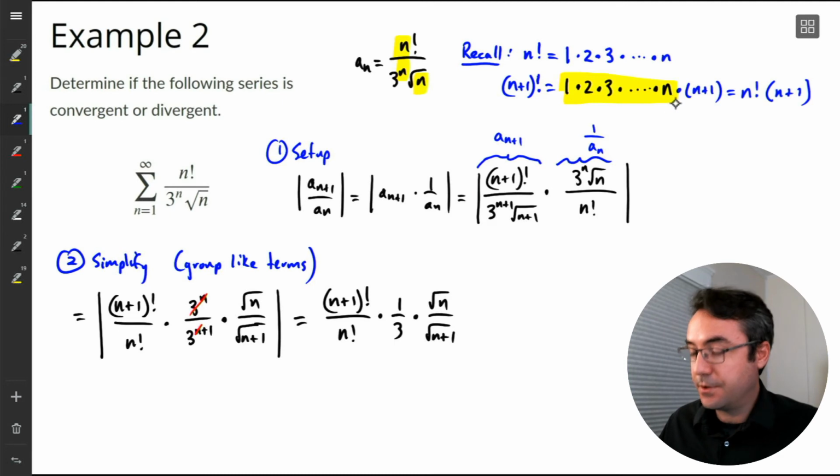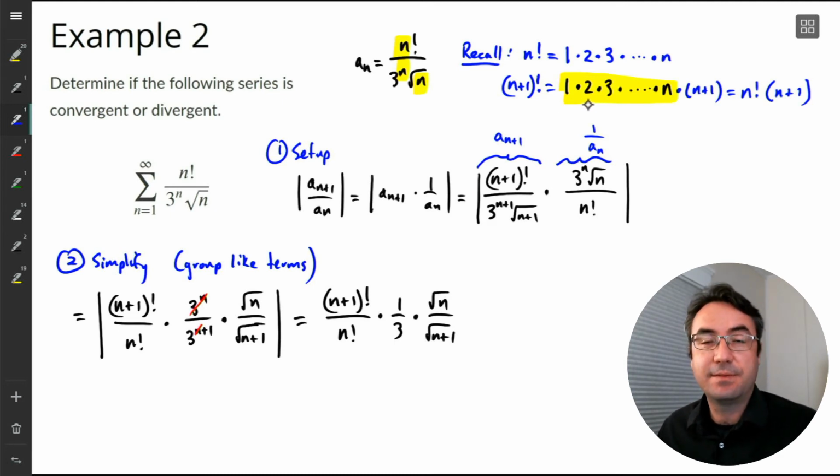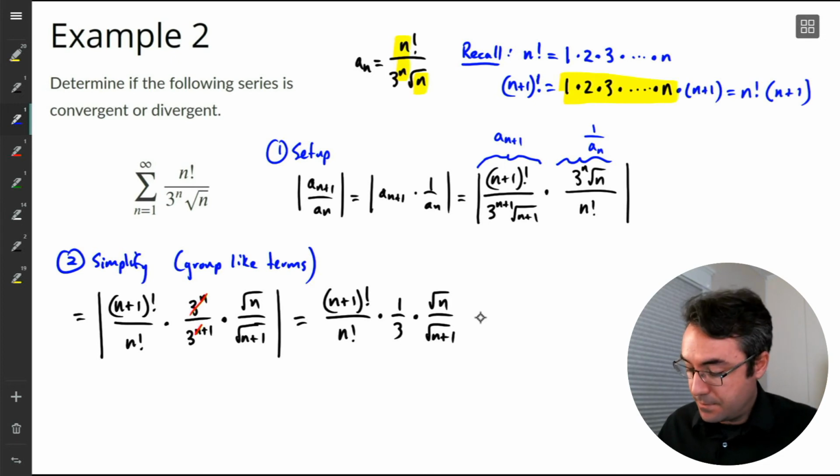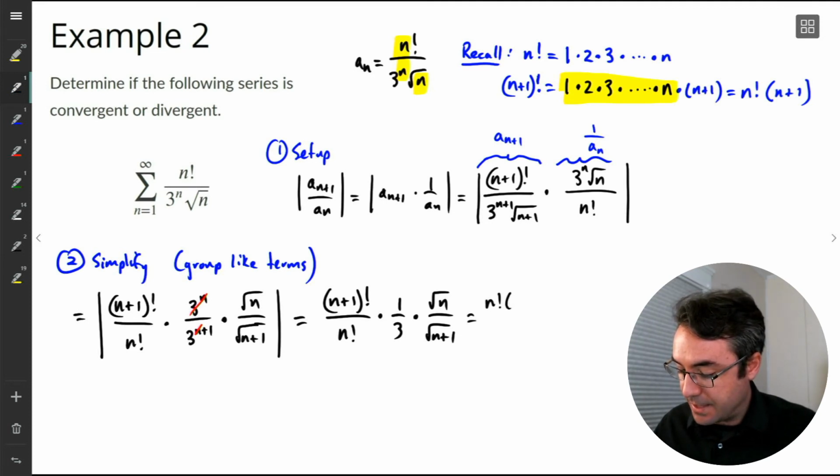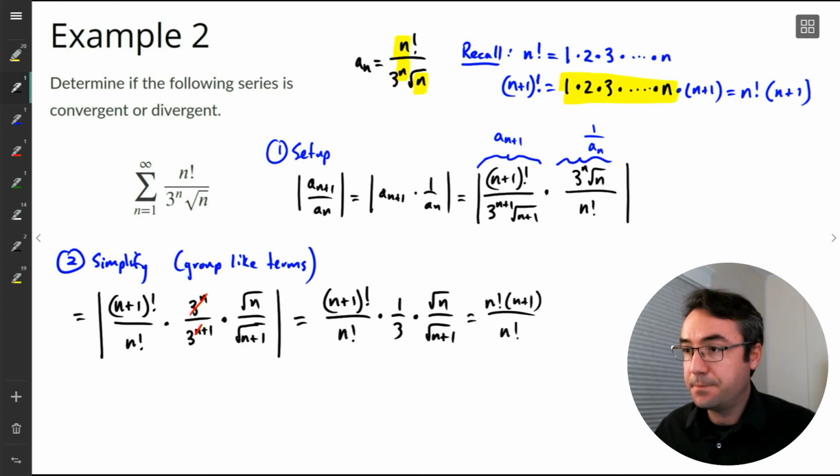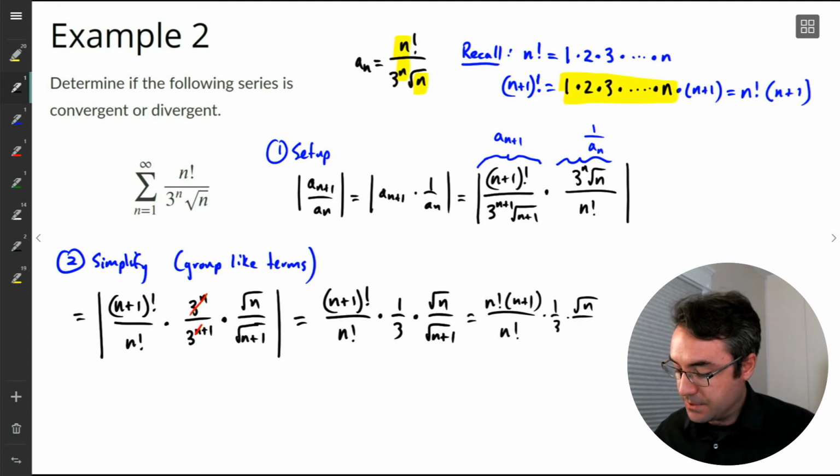Again, it helps to kind of write that out. So let's fill that in. Let's go back down here. We're going to keep simplifying this. So the n plus 1 factorial, we know we can write that as n factorial times n plus 1 all over n factorial. We have the 1/3, and then we'll deal with those square roots in a second.